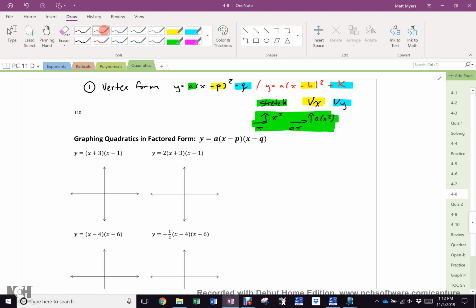The second thing you saw yesterday was standard form. Y equals AX squared plus BX plus C. And once you had standard form, that was your y-intercept.